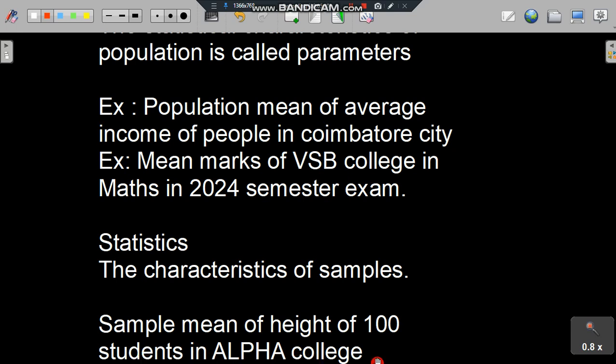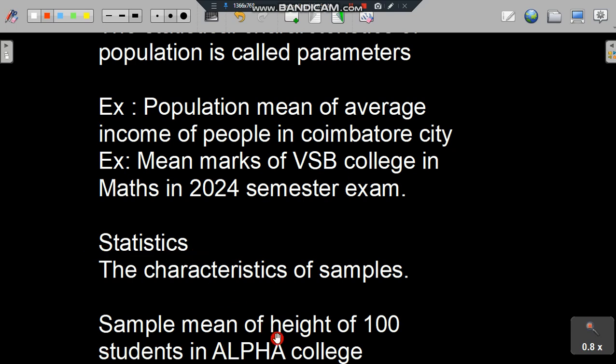I am taking 100 students, and for them I am finding the mean height. So this mean height is connected to the small sample. This sample characteristic we call a statistic.